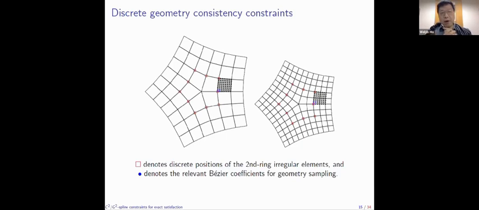In addition to that, we also apply some other constraints for maintaining the geometry consistency between different levels of refinements. At this moment, we fix some positions. At these positions, we ask for exact satisfaction.